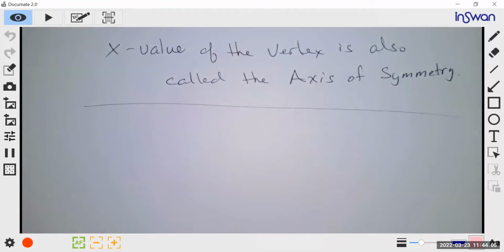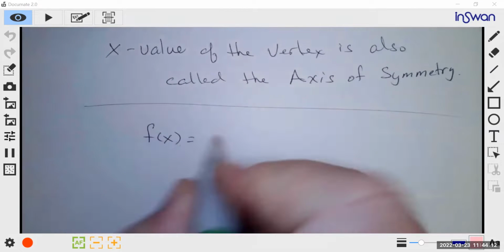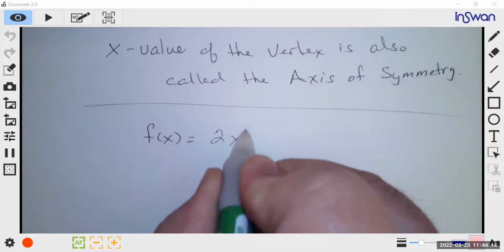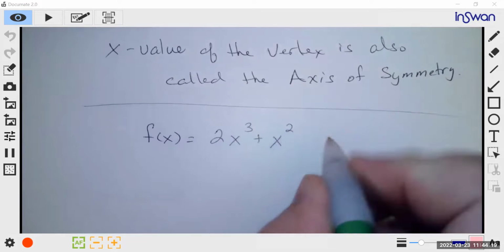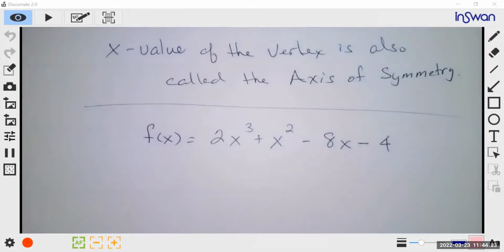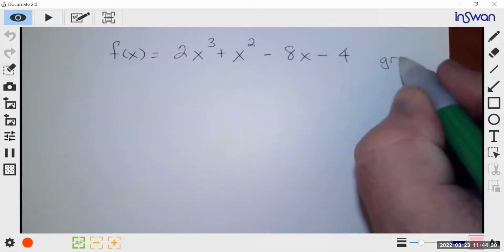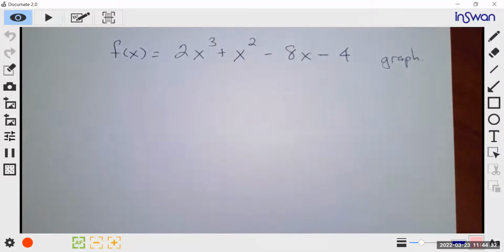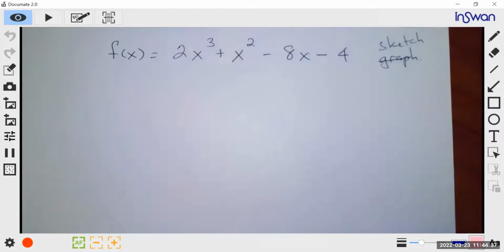All right, let's look at a little bit bigger equation. Those are quadratics. Let's look at something even bigger. Graph this one. Actually, I should say sketch because we can't do the actual graph just yet.